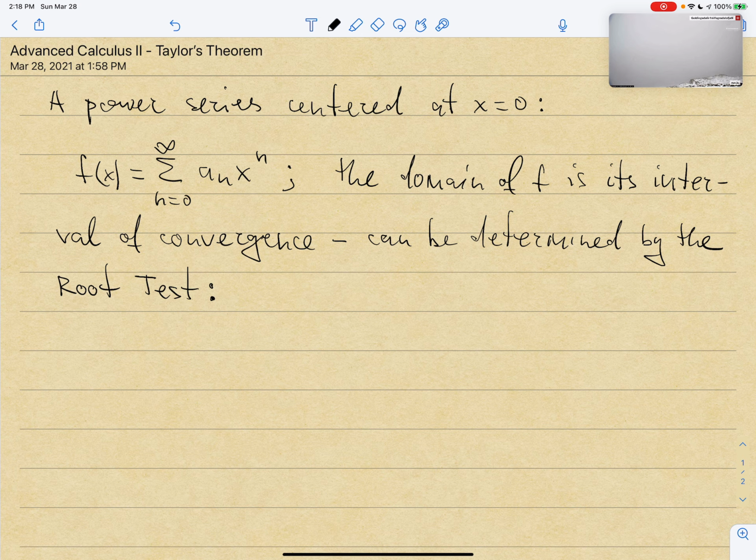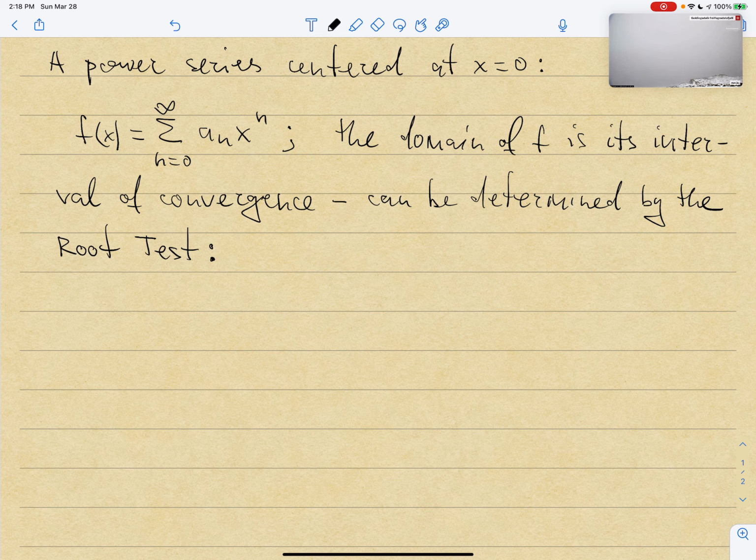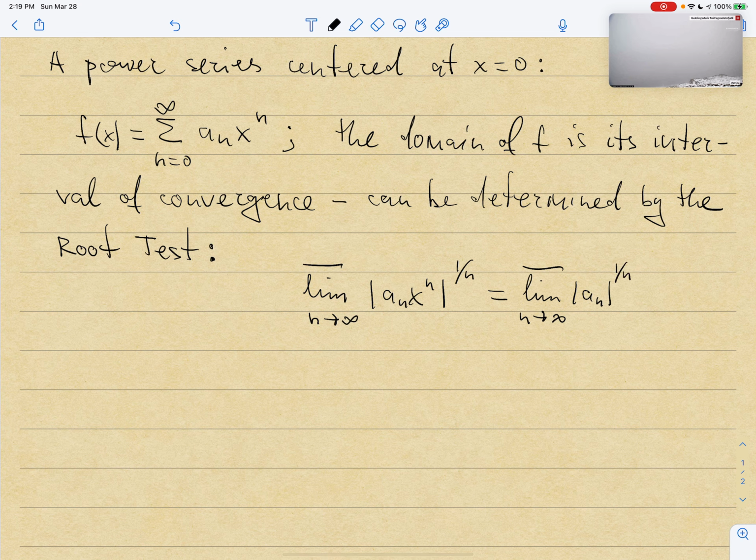And what we will do in this case, as you remember, we need to take the lim sup as n goes to infinity of the absolute value of a_n x to the power n, raised to the power 1 over n. So this is going to be the lim sup as n goes to infinity of the absolute value of a_n to the power 1 over n times the absolute value of x.